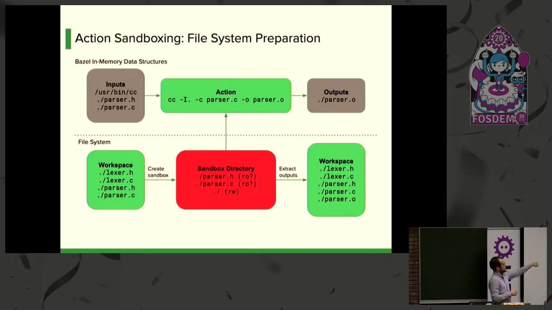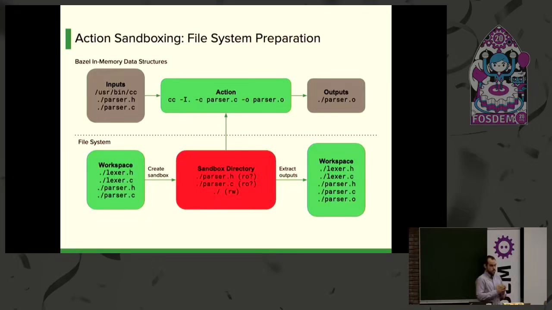And then we create the sandbox before we run the action. We run whatever it is inside there. We don't use root, but essentially it's the same idea, right? We just execute the command in that directory. And then we extract the outputs that we generated in that directory and put them back where they belong. In this example, you can see that they go into the workspace. That's not exactly true. They go in a different location, but you get the idea.